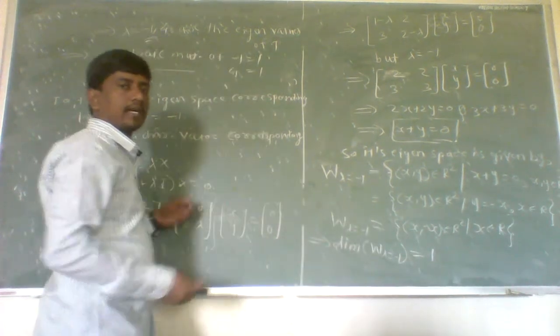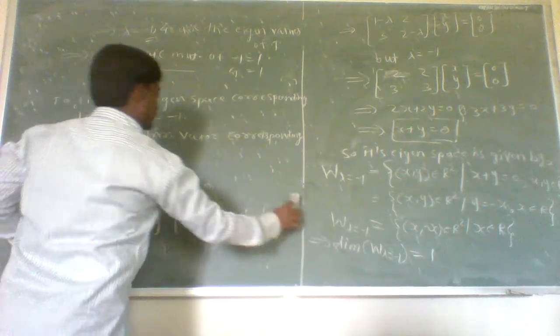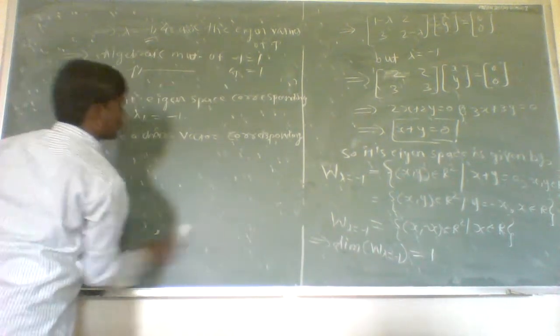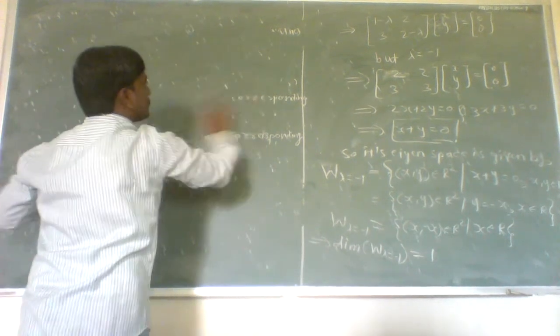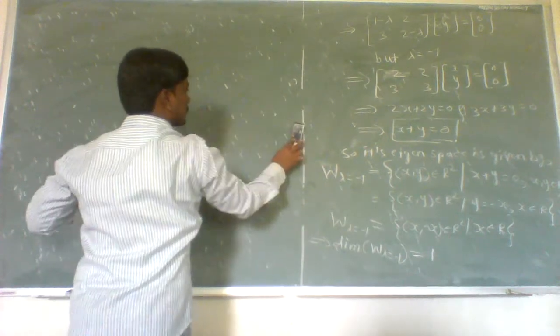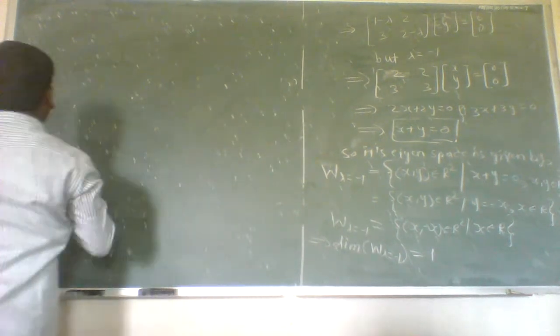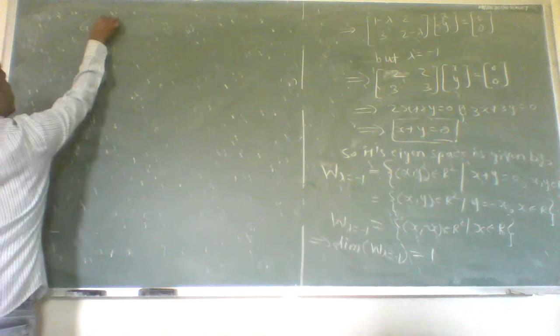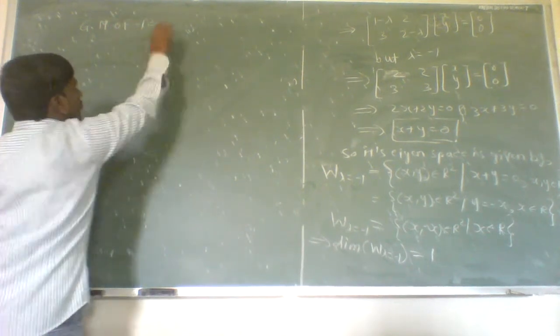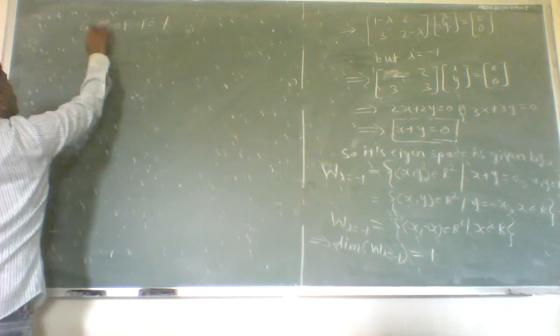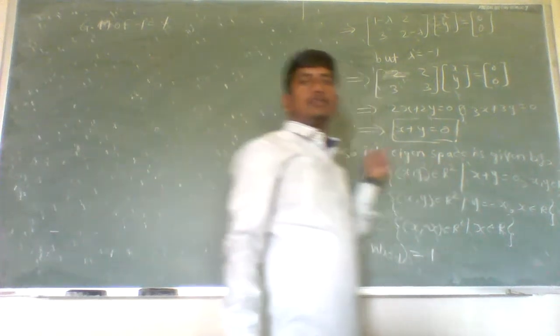So we conclude that the geometric multiplicity of minus 1 is equal to 1, since the dimension of the eigenspace is 1. Now it remains to find the geometric multiplicity of eigenvalue 4.